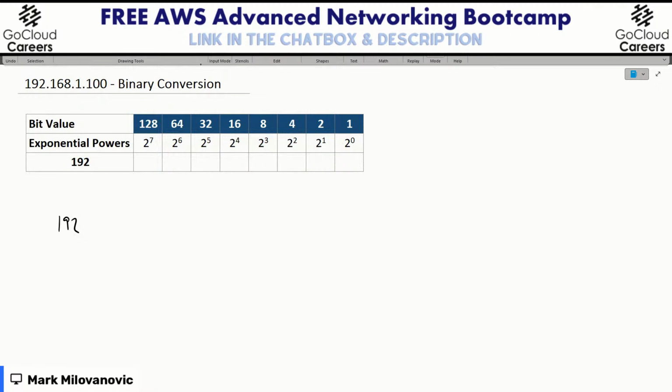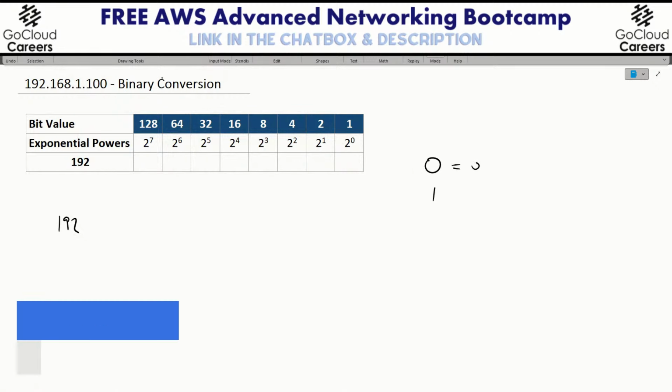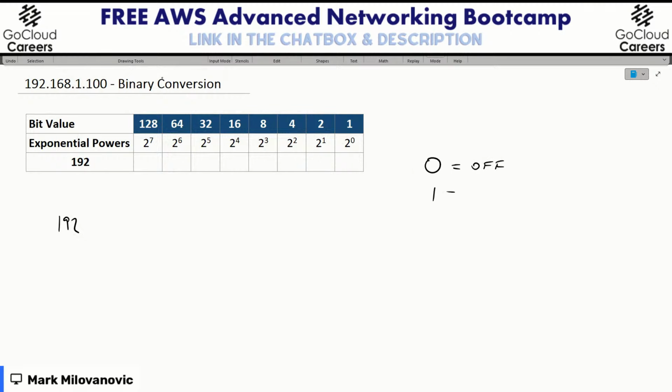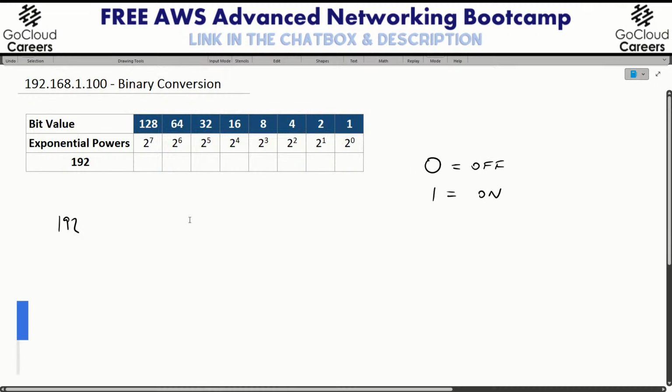I'll give you guys a hint: we only have the option 0 and 1. Okay, and I'll leave this 0. So this means off, and this means on. Yep, you guys are great. So let's start with 1.